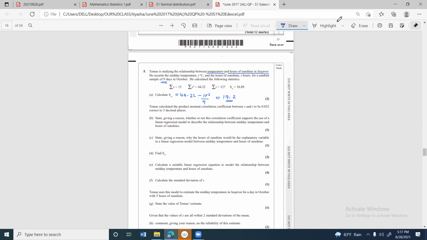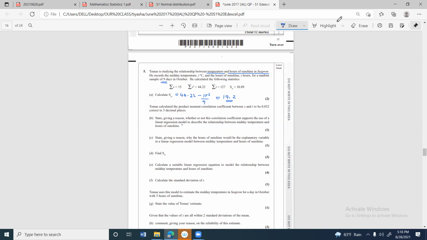Thomas calculated the product moment correlation coefficient between S and T is 0.832, correct to 3 significant figures. Right. Then state, giving a reason, whether or not this correlation coefficient supports the use of a linear regression model. Yeah, obviously it has a strong relationship. Therefore, you can go ahead with the linear model.